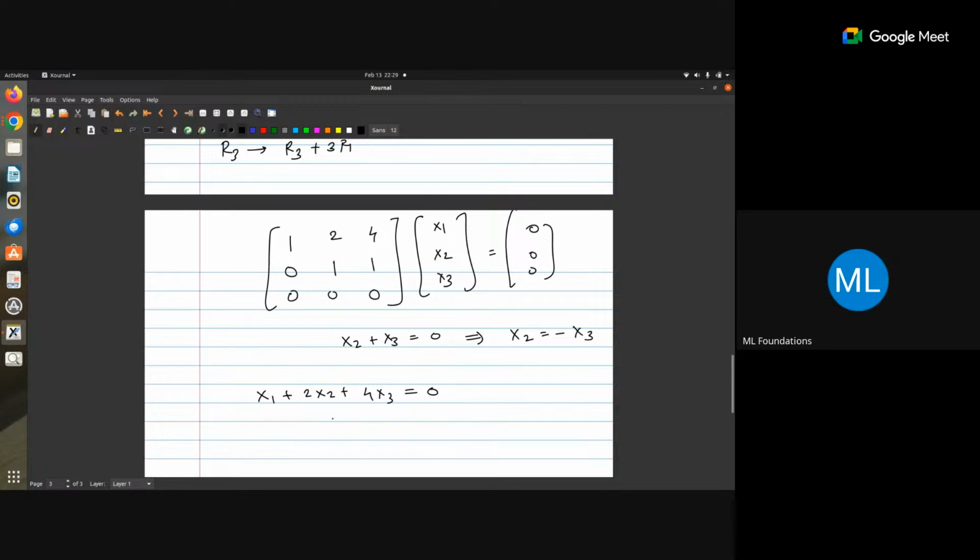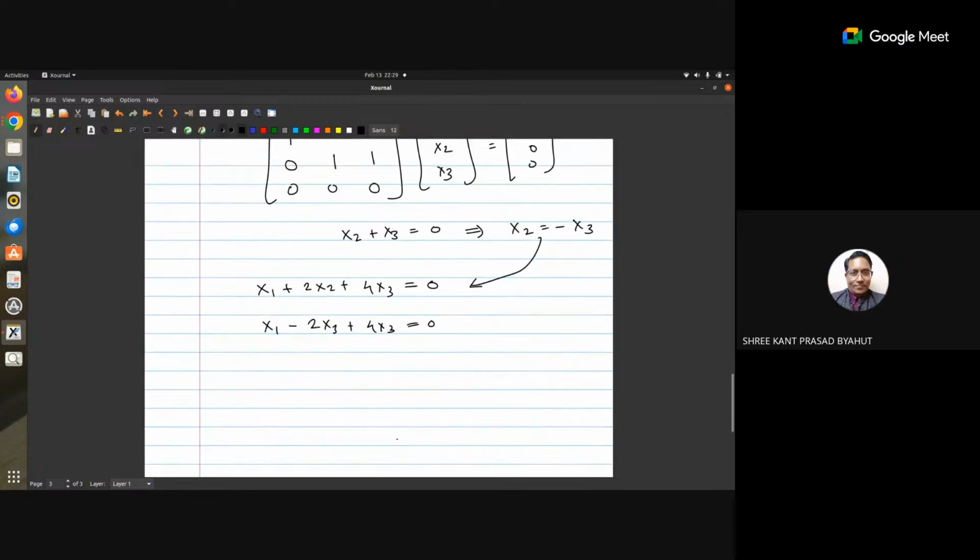Substituting x2 equals minus x3, x1 minus 2x3 plus 4x3 equal to 0, which gives me x1 plus 2x3 equal to 0, so x1 equal to minus 2x3.